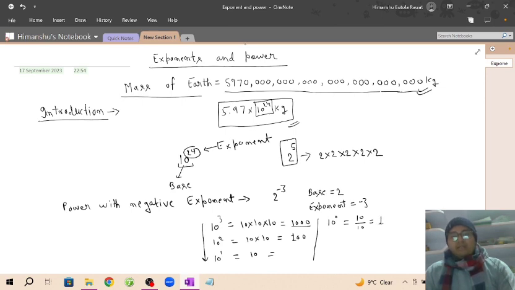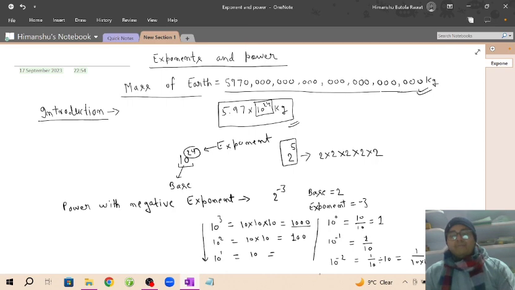So 10 raised to the power 0 means 1. If we decrease one more power, minus 1, we have to divide this 1 by 10. And if we decrease one more, minus 2, I have to divide by 10 again. So 1 by 10 divided by 10 gives you 1 by 100.